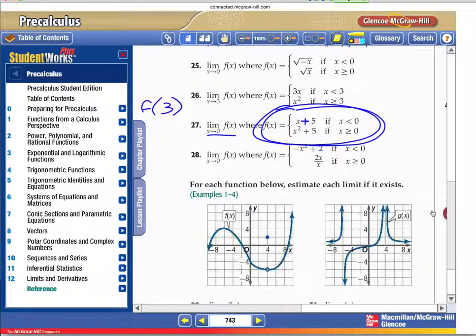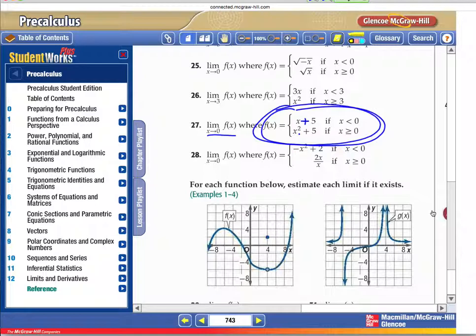Plug it in. Which one of those? The bottom one. Why do I want to plug 3 into the bottom one? Because 3 is greater than 0. So I would plug 3 in to get my solution. So we've done these before. What are they called though? Piecewise functions. So that is a piecewise function is what it's called.